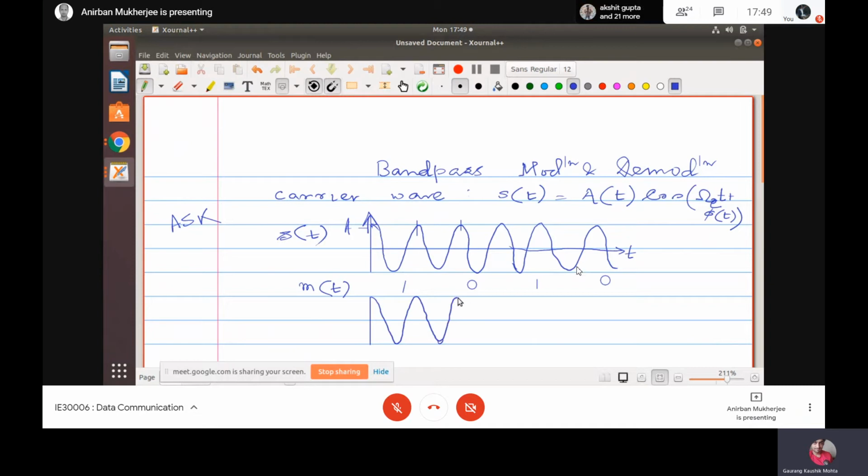Then I have 0, so I will not do any transmission, and generally we choose this 1, 0 in such a way that the duration matches. Then 0 means I am not transmitting anything.